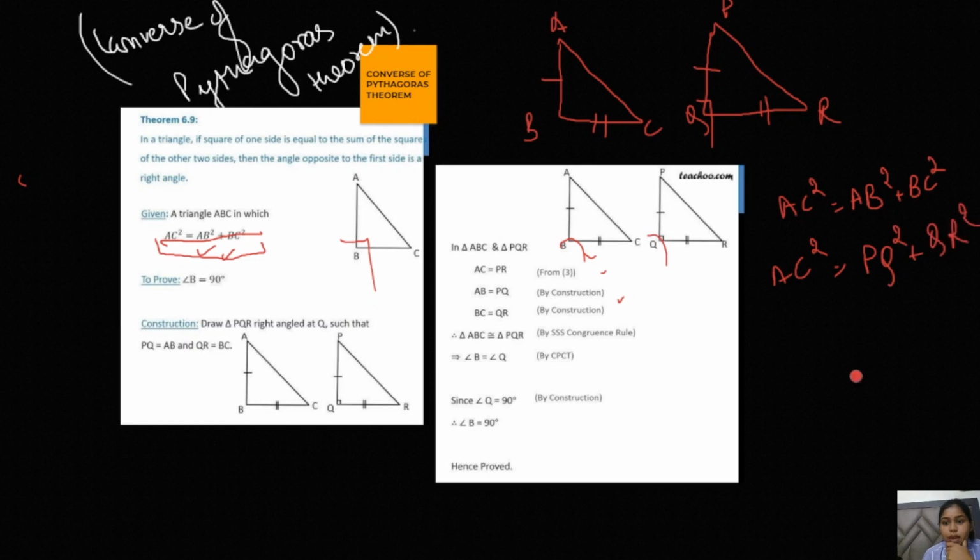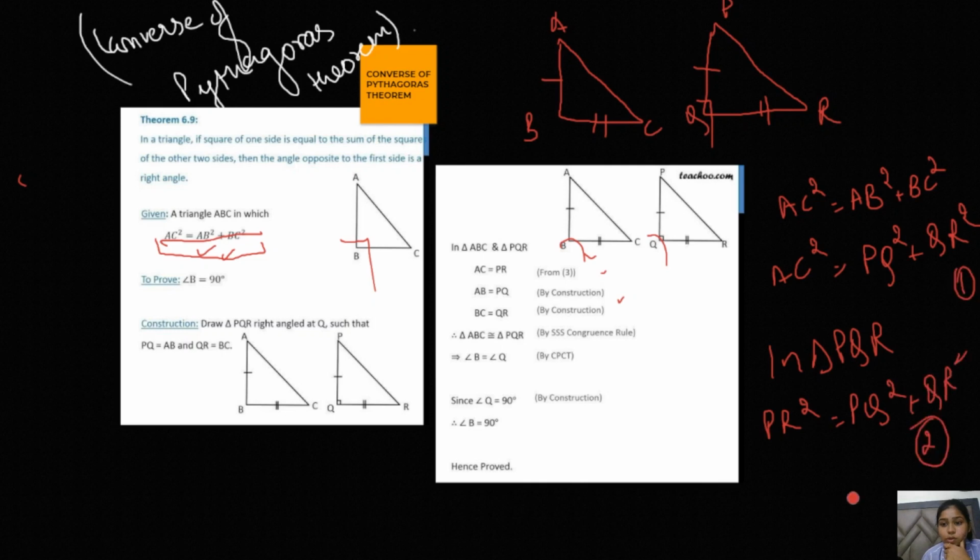This is a right angle triangle, triangle PQR. Since this is a right triangle, according to the Pythagoras theorem, this will be the equation. So from equation 1 and equation 2, we get AC square equals PR square, and hence AC equals PR. This is what we get, right?